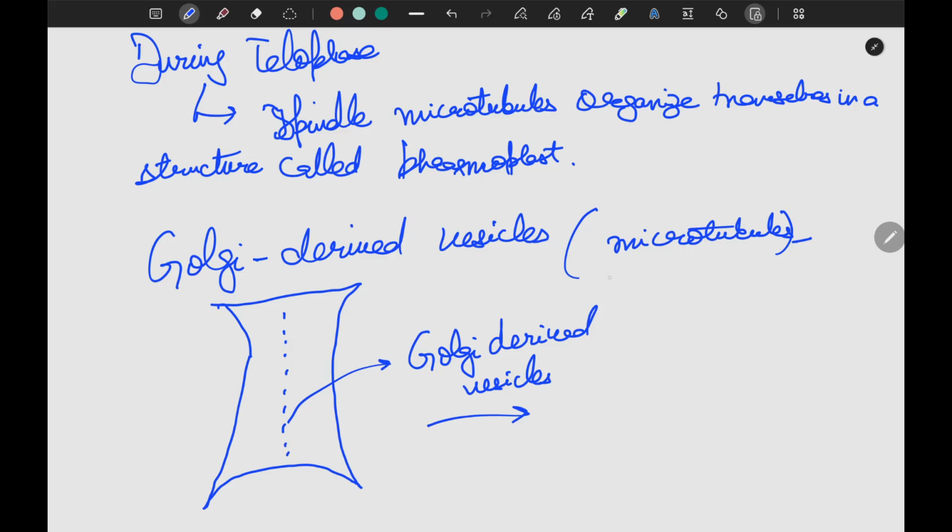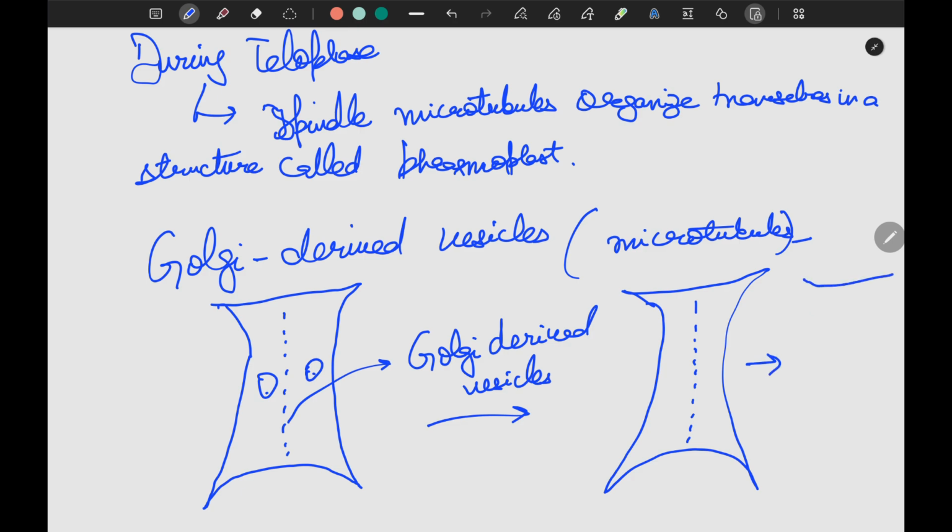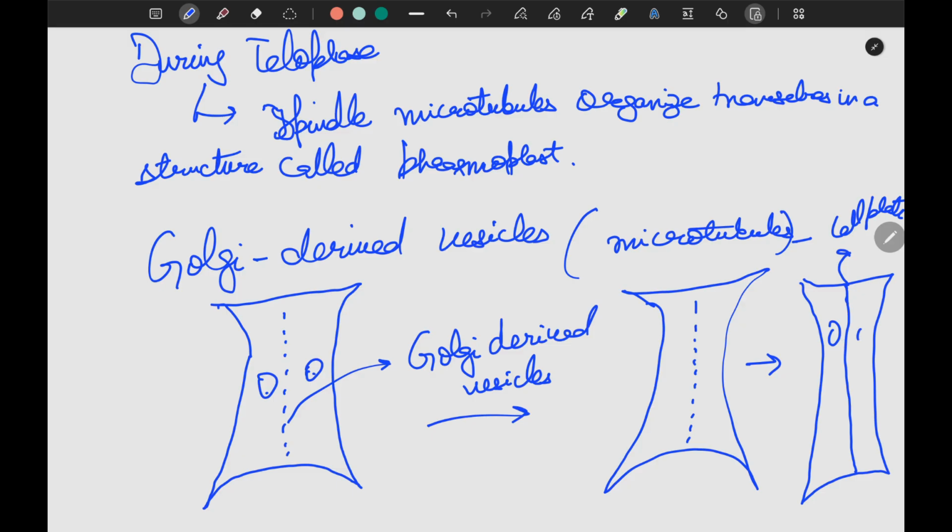Suppose these two are the organelles of plant cell. Now they started to get condensed, and later on form a cell plate in the middle, which leads to the partition of the two cell organelles.